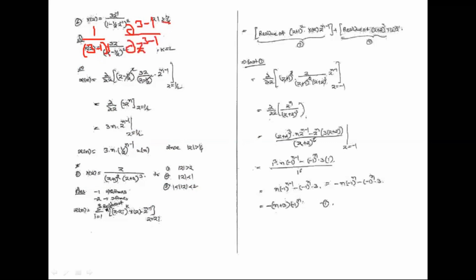3 minus 1 will multiply with z minus zi, which is (z plus 2) whole cube, into x of z.